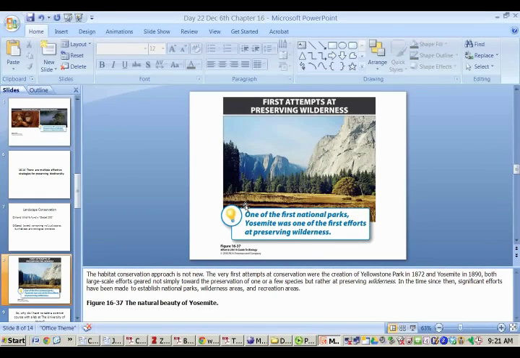And so to preserve the wilderness, we have to think about humans and their expanding needs, and our agricultural needs, and saving those wilderness areas that may seem like, well, we'll just go in and drill for oil, and it's not going to make a difference, but it really does make a difference. And so national parks are one way that we conserve these areas here in the United States.